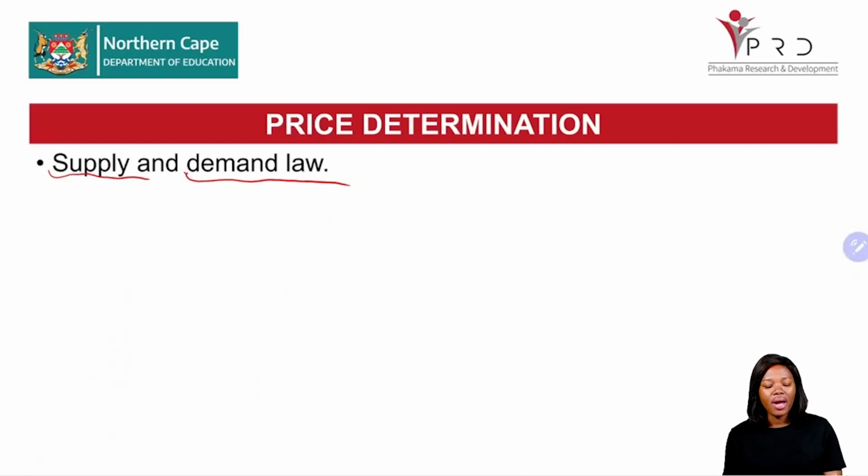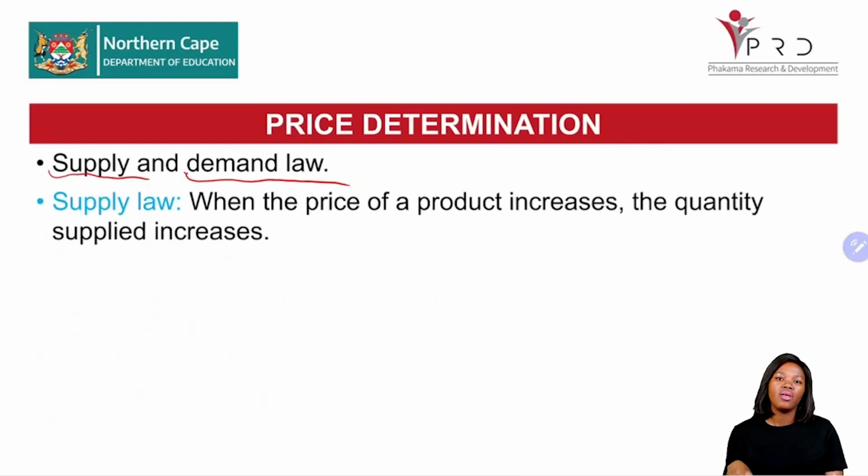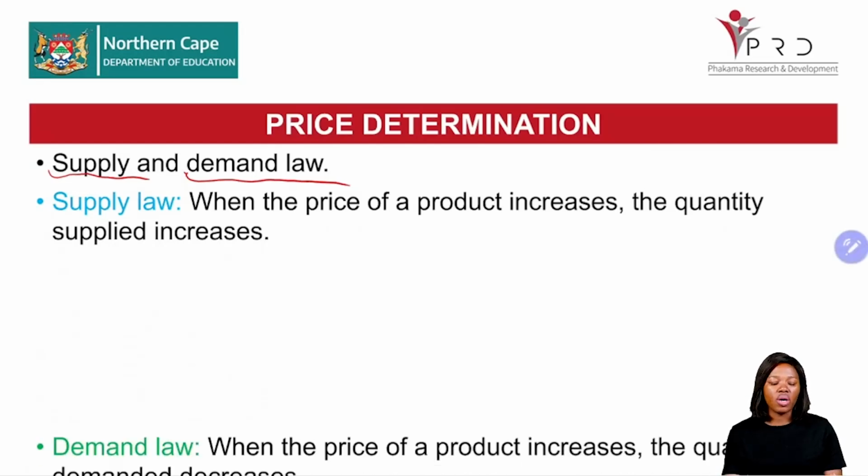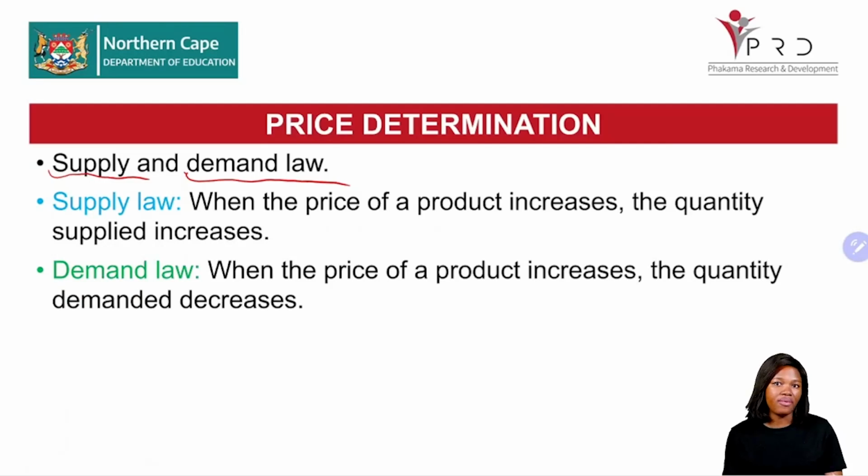Firstly, understand that there is a supply law involved, as well as the demand law. You should be able to state these two laws and be able to identify and interpret them for the final examination. Whether you are looking at the graph, you should be able to tell that this is the supply law applying here, or the demand law applying in this graph.